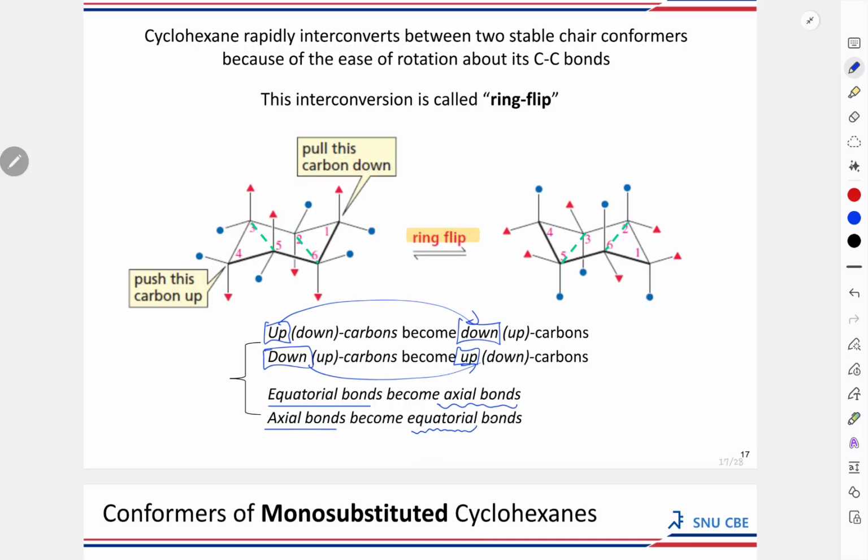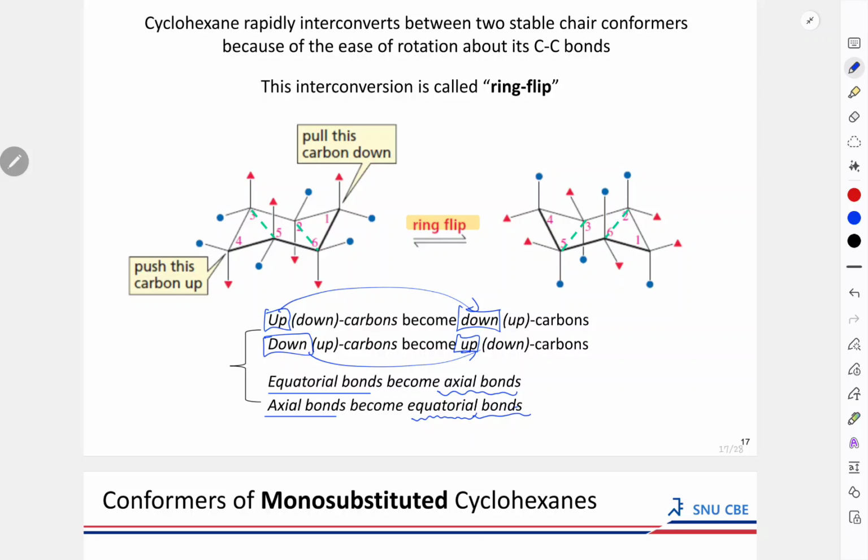So you can compare left and right, before and after being flipped, and check whether this applies. So every down carbon here, these 3 down carbons, they go up. These carbons now go up.